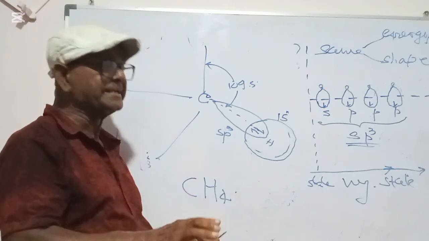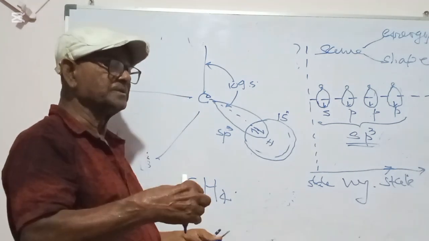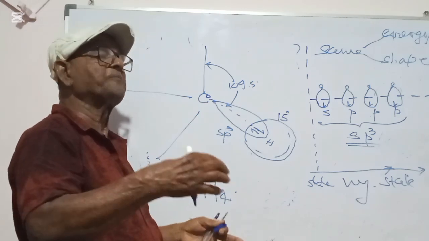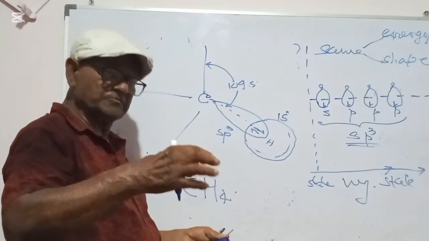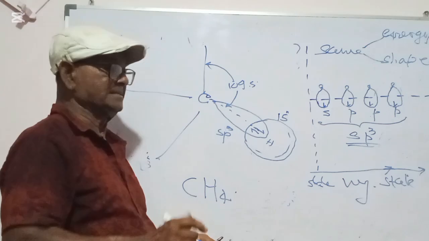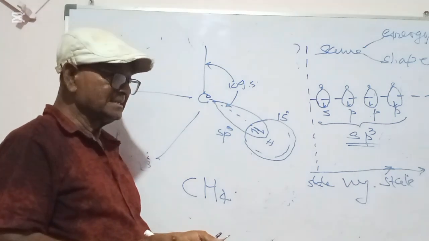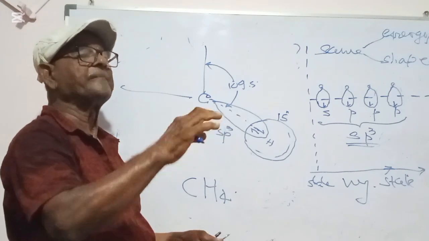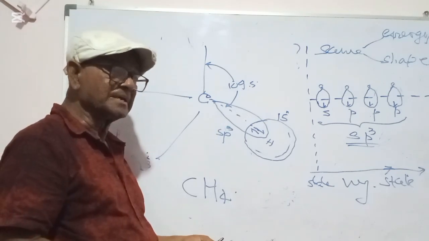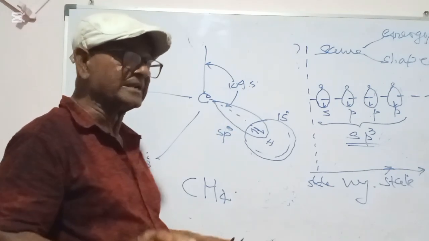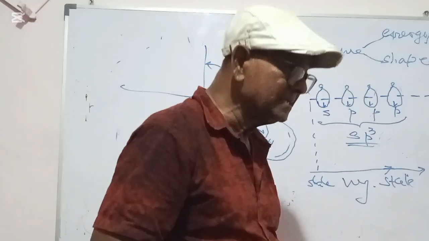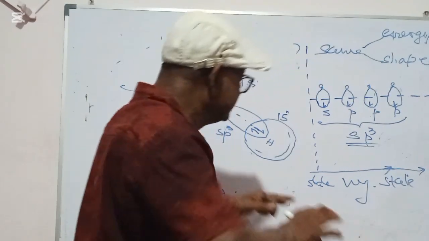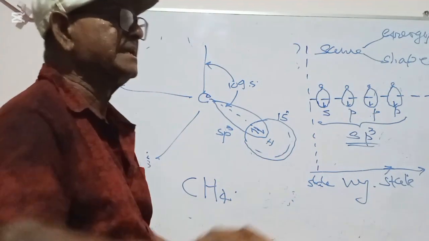But all the other atoms undergo some type of hybridization, which we will study later. Carbon also has other types of hybridizations during the formation of different compounds. So this is the simplest form of hybridization.